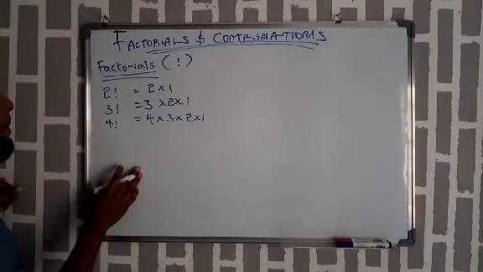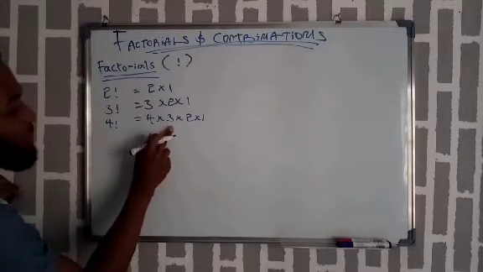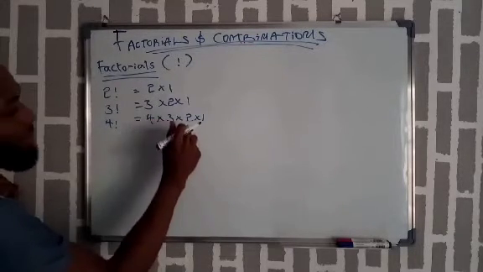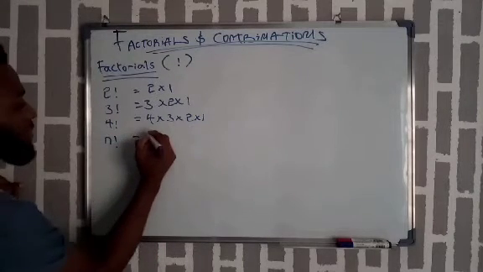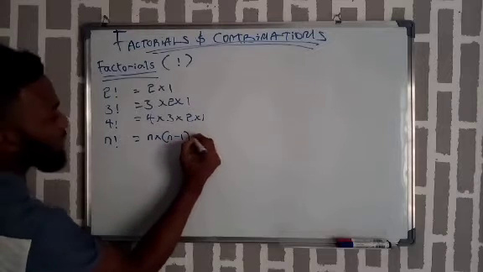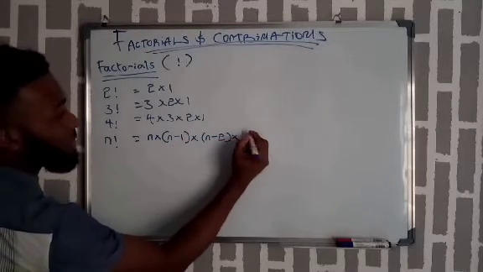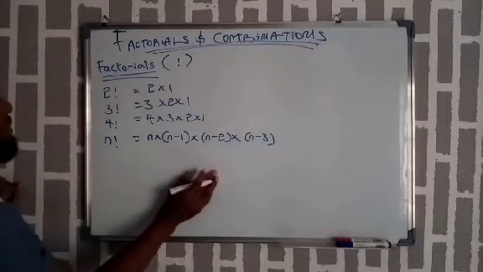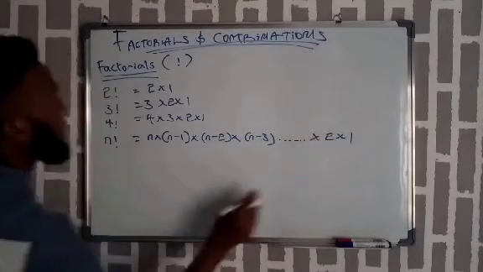You can see that the second number is the first one subtracting 1, the third number is the first one subtracting 2. So you can now generate a formula which says n factorial is n multiplying n minus 1 multiplying n minus 2 multiplying n minus 3, and so on, multiplying 2 times 1.